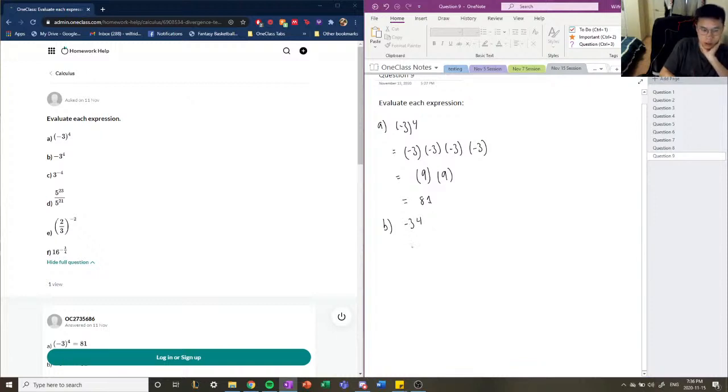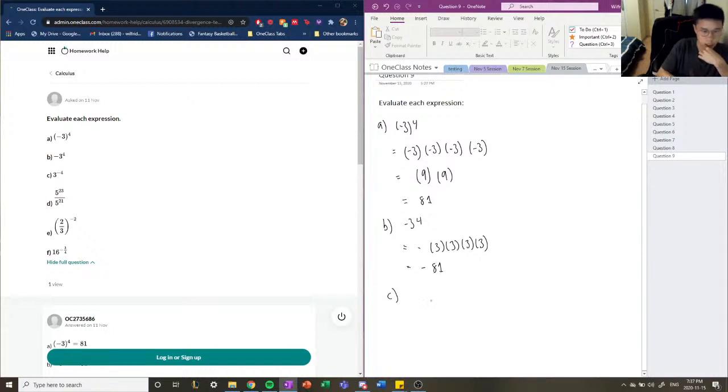So this is actually in fact negative 3 times 3 times 3 times 3, which is equal to negative 81. The difference here is that in A, we specified that we want to multiply negative 3 four times together, right? But here we are specifying that we want to multiply 3 four times together before applying the negative. Okay.